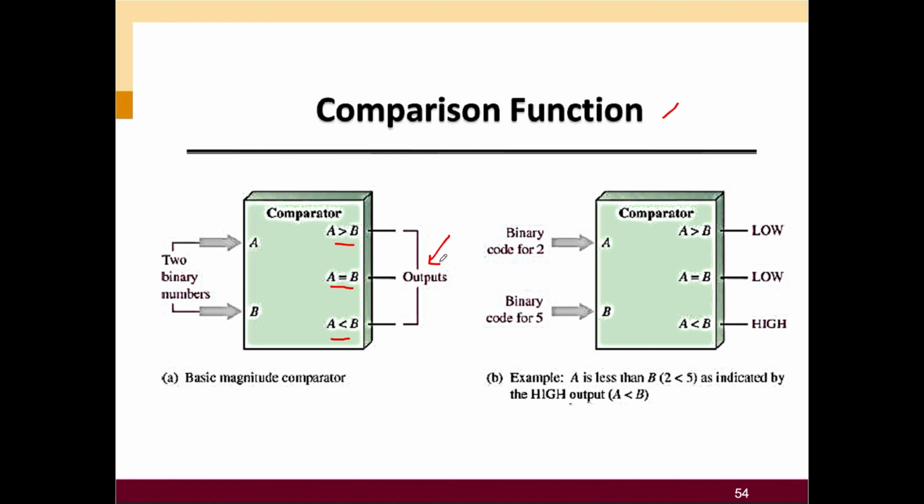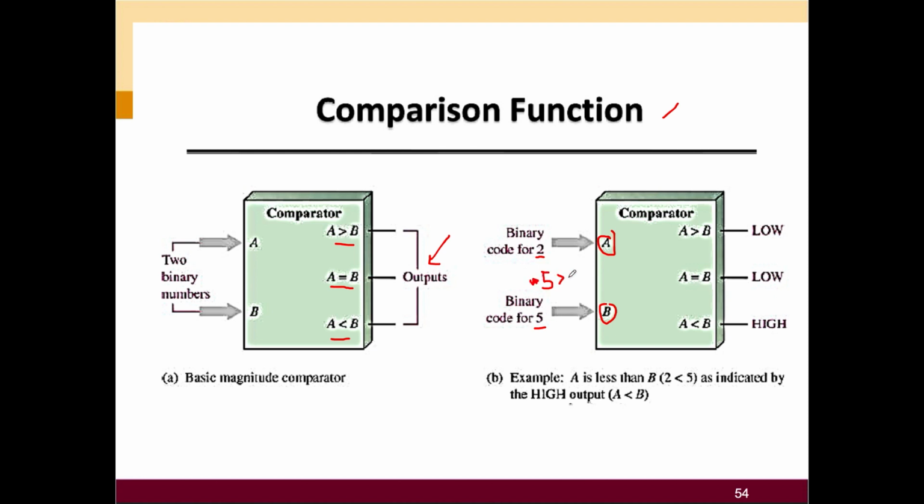Let's say for example, you have the binary code for 2 as the input for a, and the binary code for 5 as the input for b. So what you are going to have is a is less than b, because you notice that of course 5 is greater than 2.